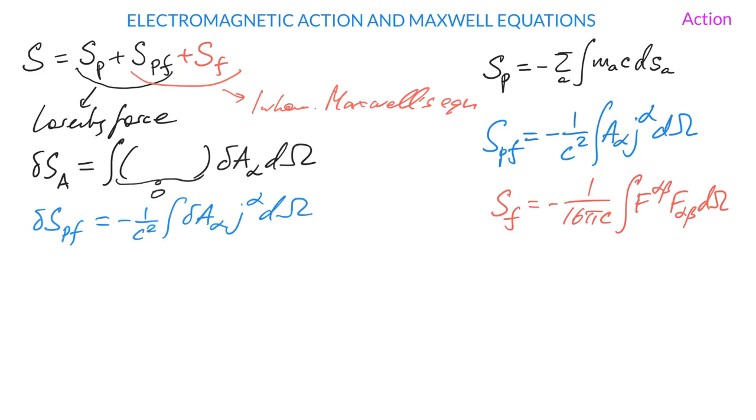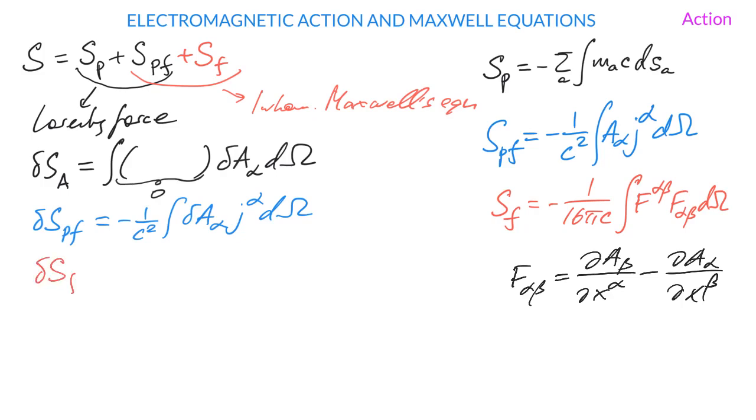Now with the second term we need to work a little more. First we need to recall the structure of the F tensor. So F alpha beta is dA beta by dx alpha minus the same thing with interchanged indices. And then let's work on delta S f. So there's a product of two terms.